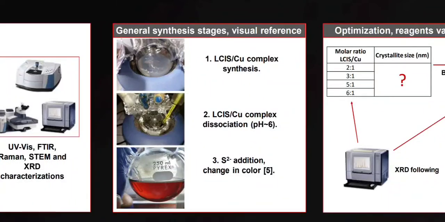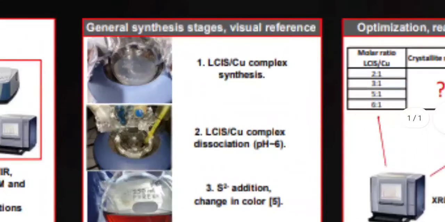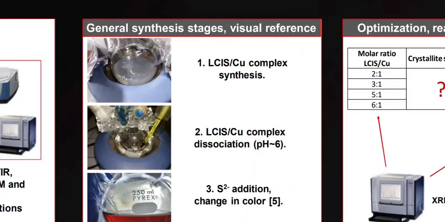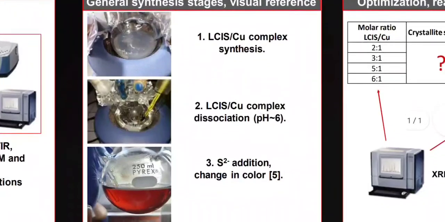As a visual reference, we can see that the copper LCs complex is a white suspension. After changing the pH, the solution becomes translucent, and after adding sodium sulfide, a color change is seen.